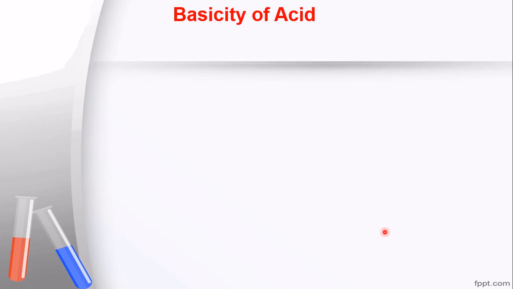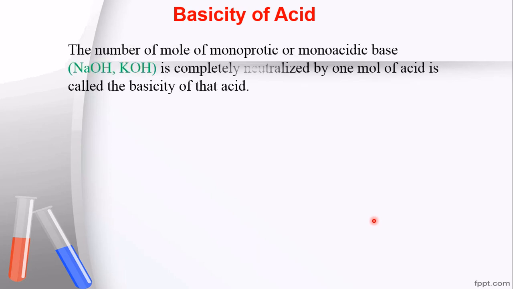Now, basicity of acid. What is basicity of acid? The number of moles of monoprotic or monoacidic base, that means the base which has one hydroxyl group, such as sodium hydroxide or potassium hydroxide, that is completely neutralized by 1 mole of acid is called the basicity of that acid.